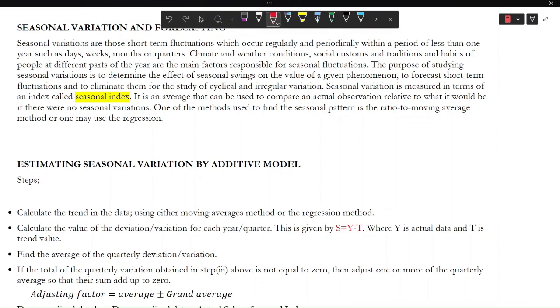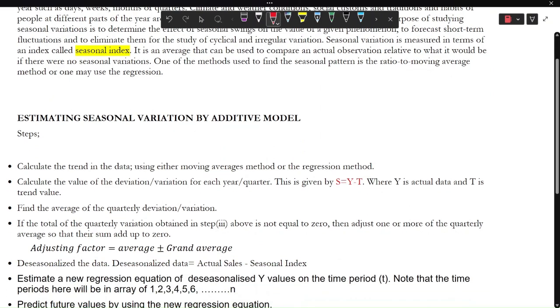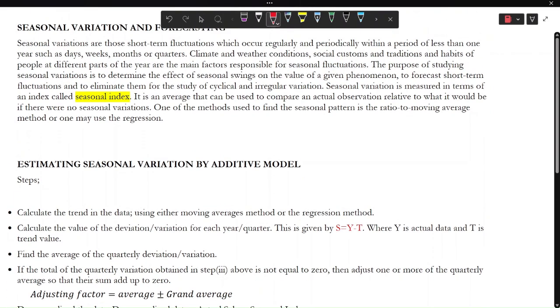One of the methods used to find a seasonal pattern is the ratio to moving average method, or you may use the linear regression to determine the seasonal pattern. So what basically they are trying to find is we are trying to remove the seasonal variation in our data.